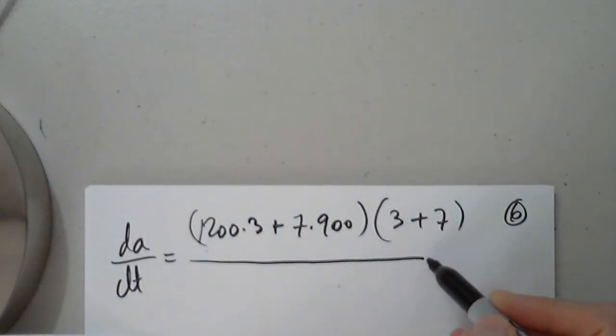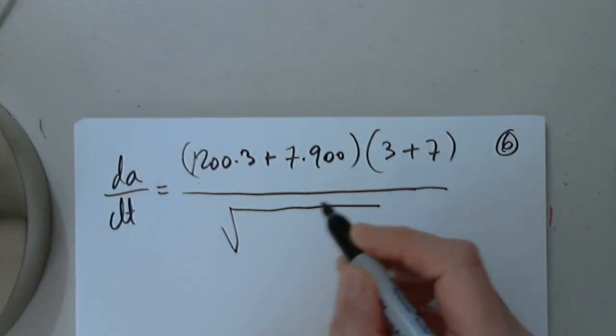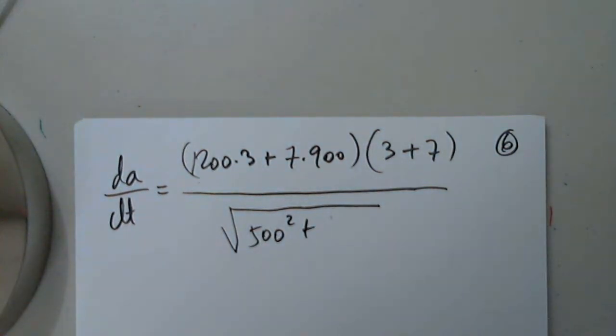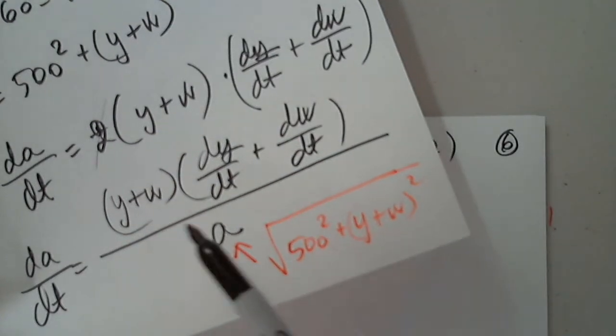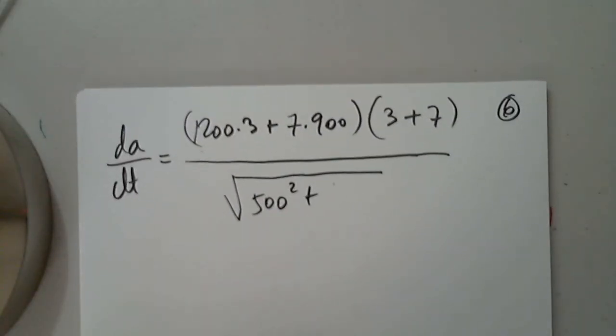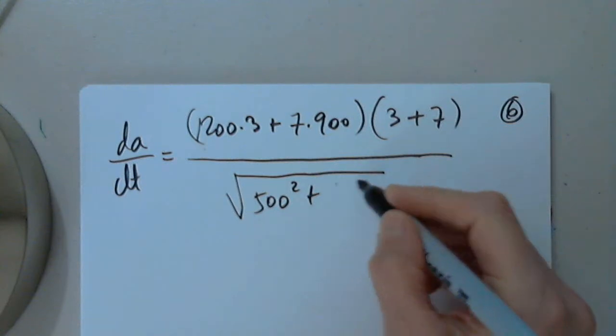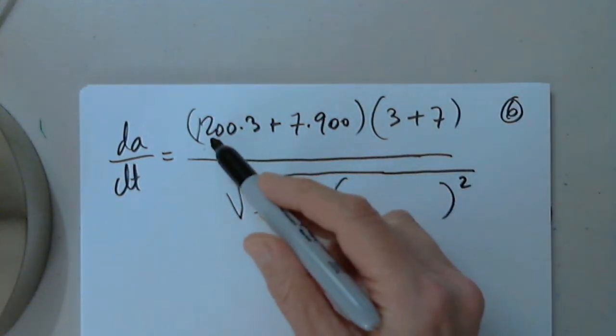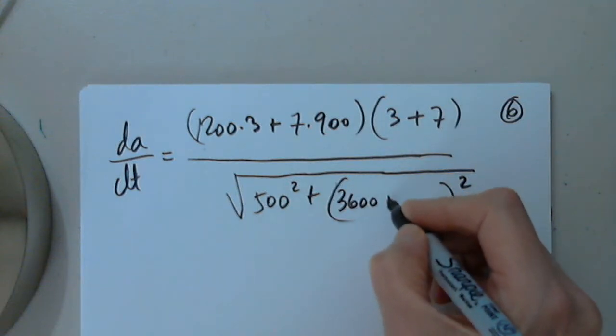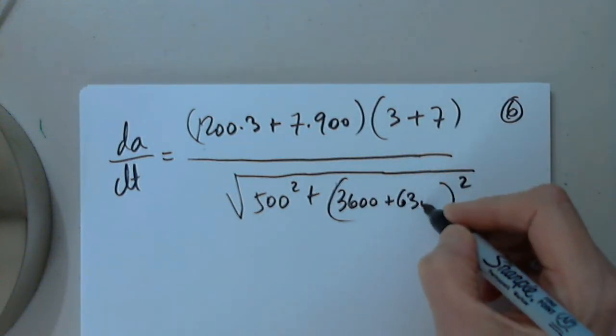Everything divided by, and now we need the square root of 500 squared plus this squared. So all this, but squared. So 3,600 plus 6,300.